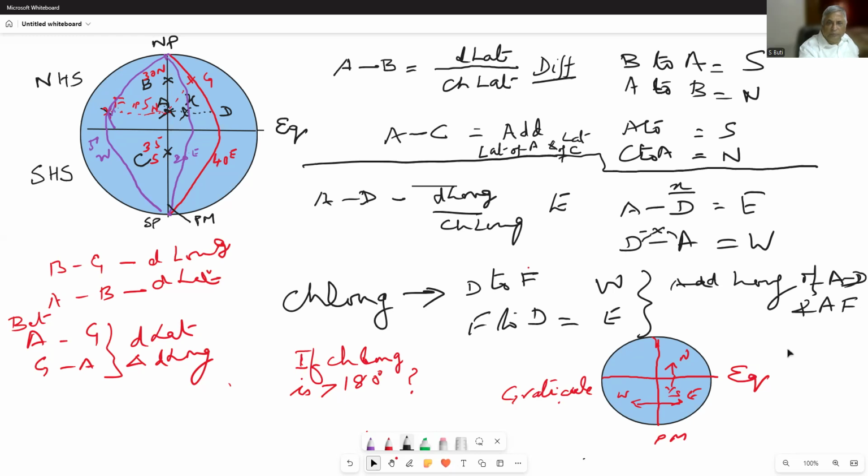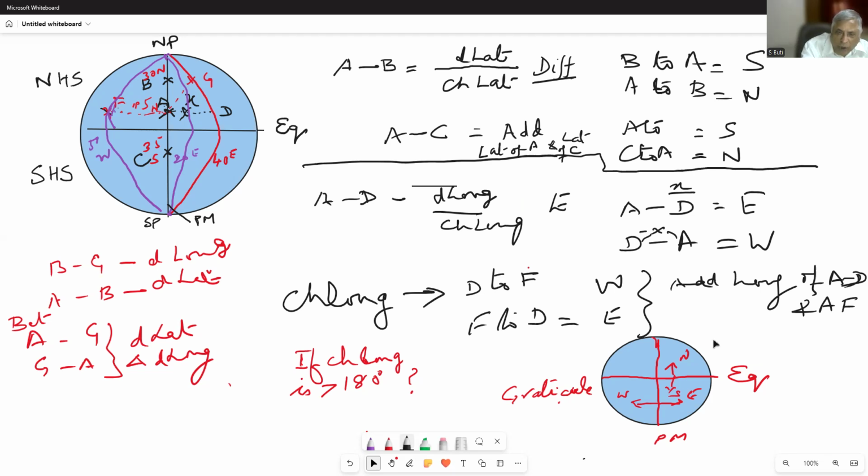Next, we have created a network of vertical circles and horizontal circles on the surface of the Earth. The circle whose center and radius is same as that of the Earth is called a great circle, and all other circles are called small circles.